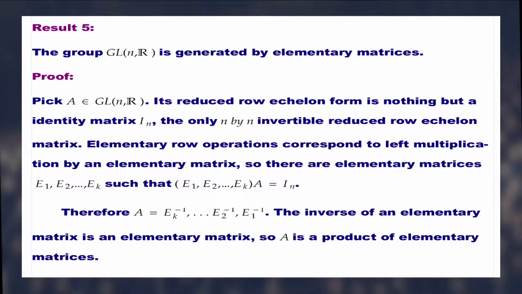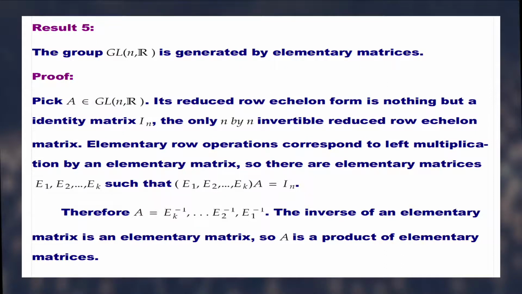Let us find out the generating set of GL(n, R), where R is the real numbers, next. The fifth result is that the group GL(n, R) is generated by elementary matrices. The proof: fix A belonging to GL(n, R). Its reduced row echelon form is nothing but the identity matrix I_n, the only n by n invertible reduced row echelon matrix.